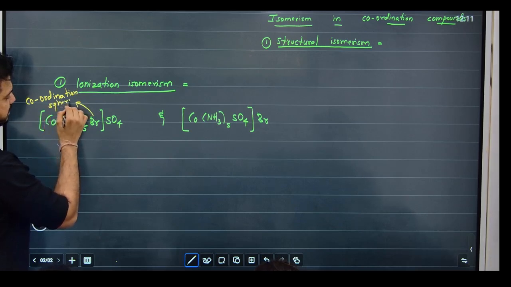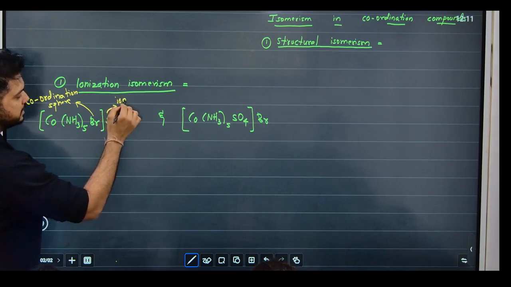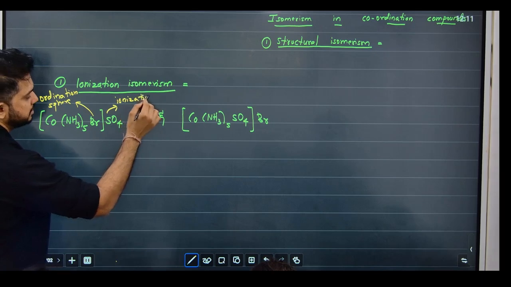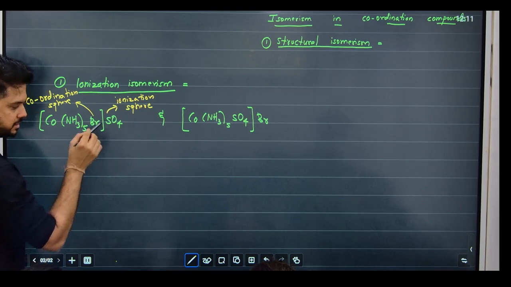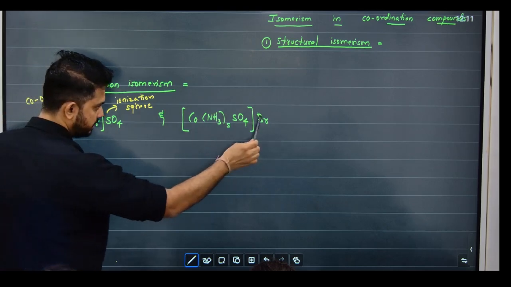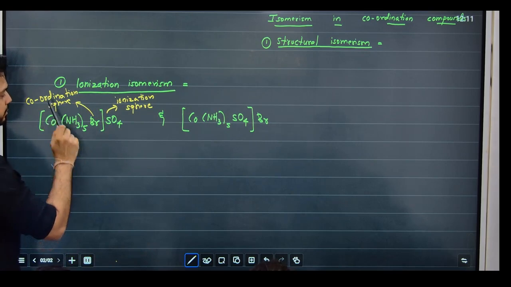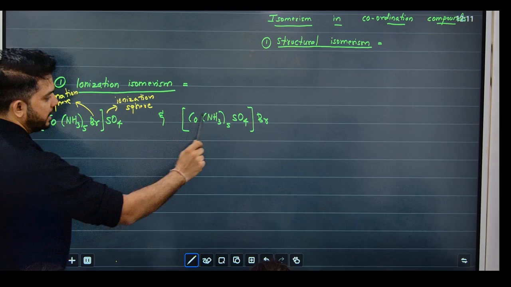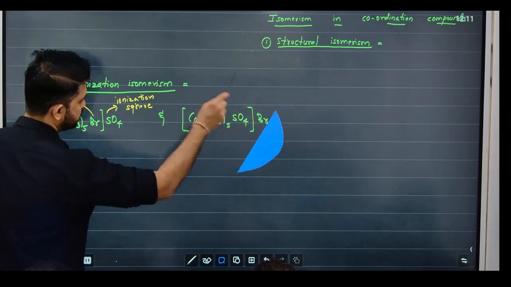So basically it is a ligand, and SO4 is part of the ionization sphere, or it is the counter ion. We can actually switch places यहाँ पे. SO4, which was part of the ionization sphere, can be part of the coordination sphere, and the same over here. So what is the relation between two? We call them ionization isomerism or ionization isomers.